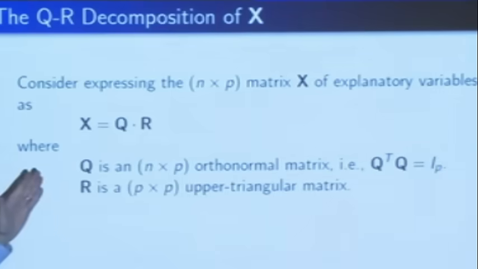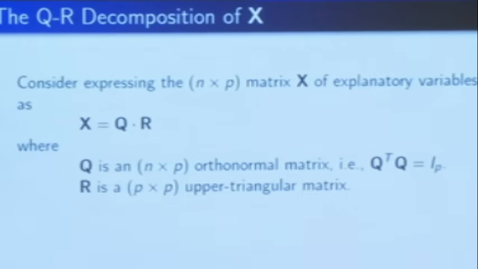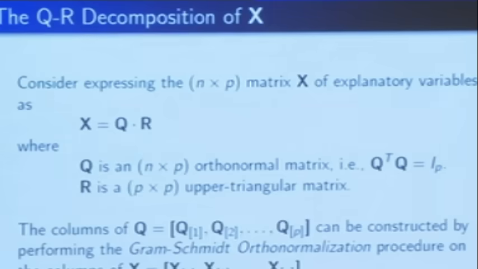Express X as a product of an orthonormal matrix, Q, which is n by p, and an upper triangular matrix R. It turns out that any n by p matrix can be expressed in this form. And we'll quickly show you how that can be accomplished. We can accomplish that by conducting a Gram-Schmidt orthonormalization of the independent variables matrix X.